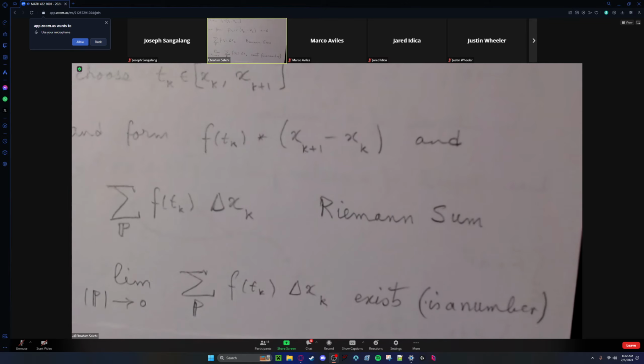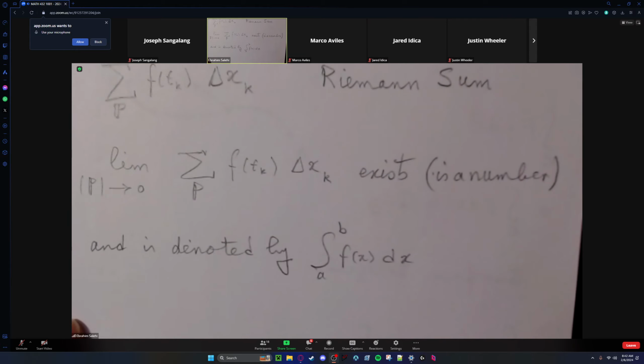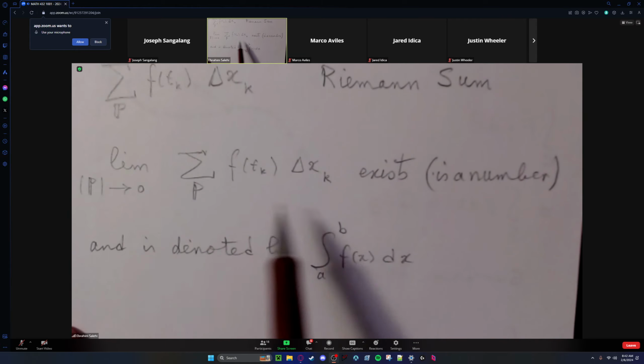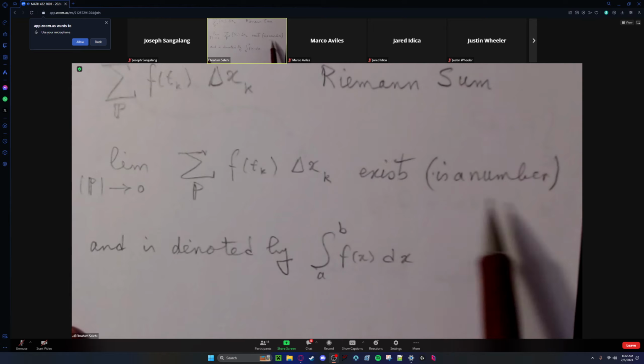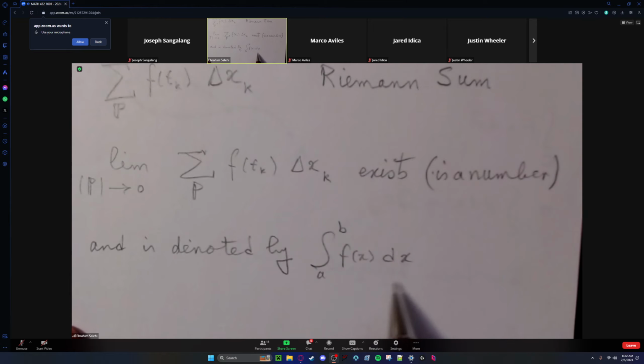and if the function is a nice function, the limit exists. And that limit is what we call the integral of the function. That number, as a result of this limit, you get a number. That number is denoted by this symbol.